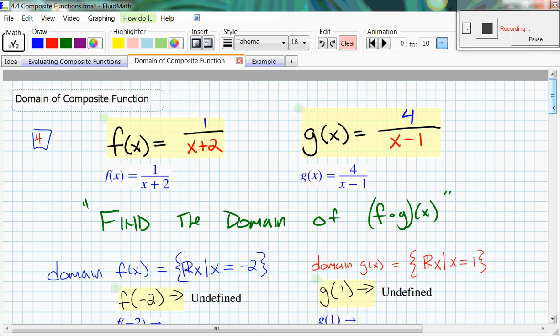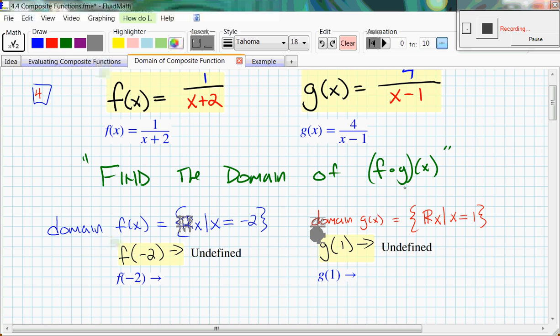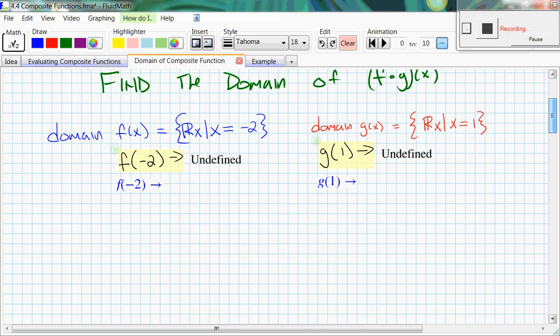Okay, so here's the deal, right? This is f of g of x. That means that g of x is inside of f of x. So what I'm going to do is set up my domain for f of g of x.